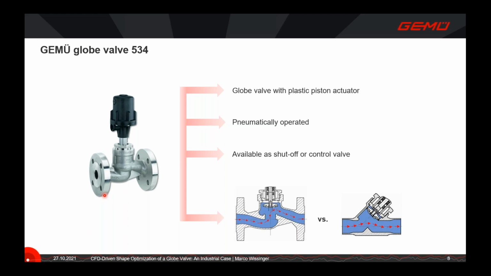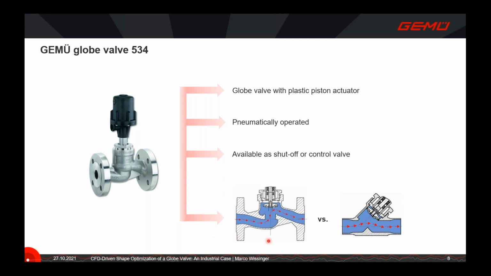As I said before, the actual geometry we are focusing on is a globe valve with a plastic piston actuator on top, which you can see here in black, and it's pneumatically operated. The valve is available as a shut-off valve, so it's either fully open or fully closed, as well as a control valve, so you can smoothly control the opening position of the piston to control the flow through the valve.